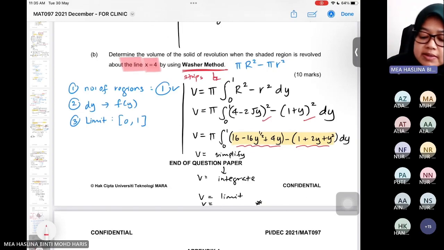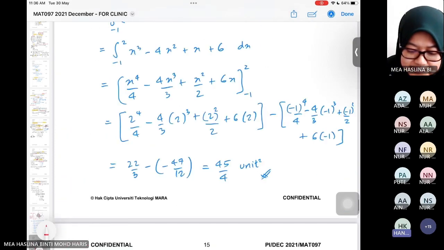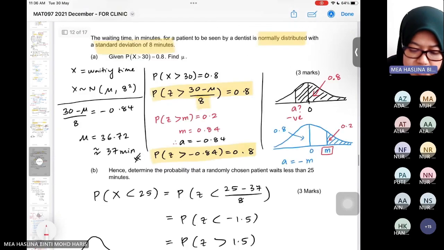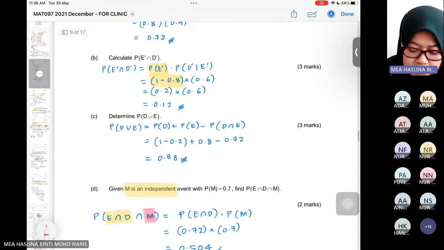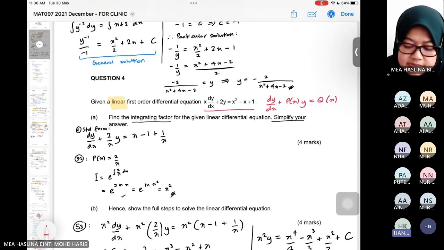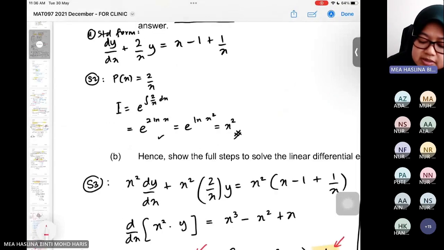Okay. Any specific question that you'd like to ask for December 2021? Madam, can I ask about question 4A? Okay, 4A. How do we know that for the x, they don't need the modulus symbol?